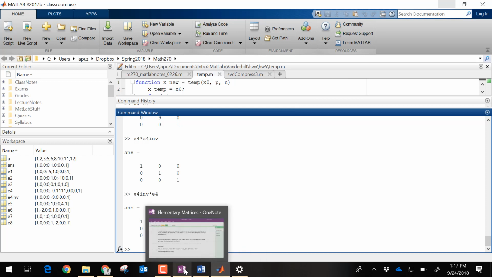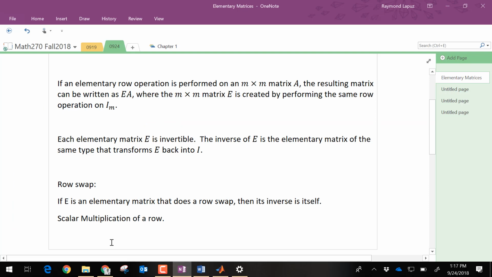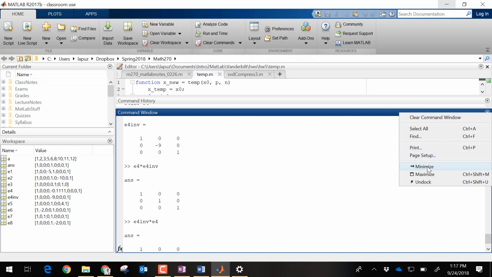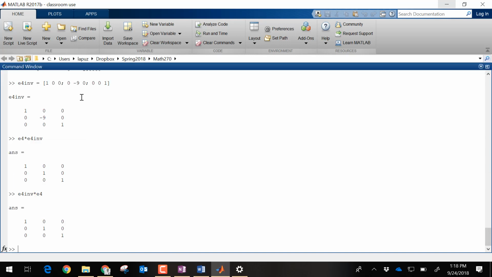So let's see if we can write that in our notes. How can we say that in our notes? So I called E4 inverse, or we guessed that E4 inverse is equal to, I guess this is what I typed in, I just put E4 INV, no spaces.